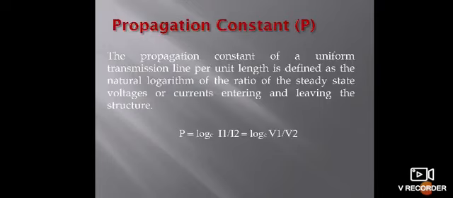The propagation constant of a uniform transmission line per unit length is defined as the natural logarithm of the vector ratio of steady state currents or voltages entering and leaving the structure.